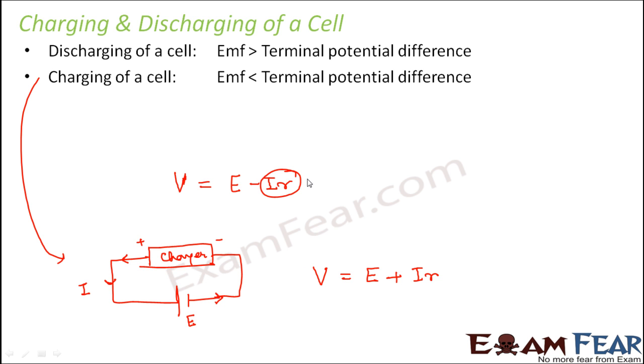Right? So this is the equation during discharging, and this is for charging. So now I hope that the concept of terminal potential difference and EMF is clear to you, and also what happens during charging and discharging of a cell.